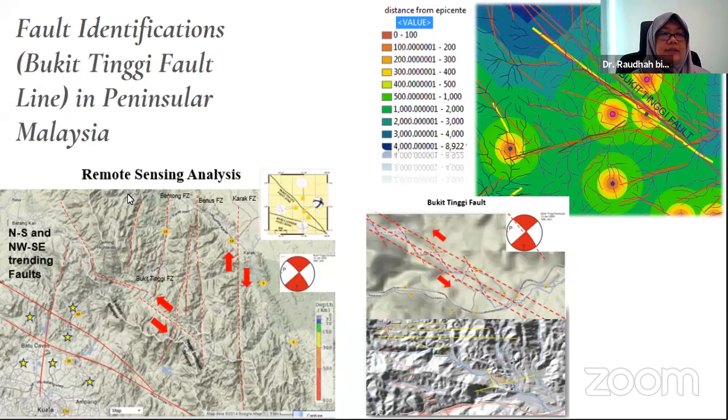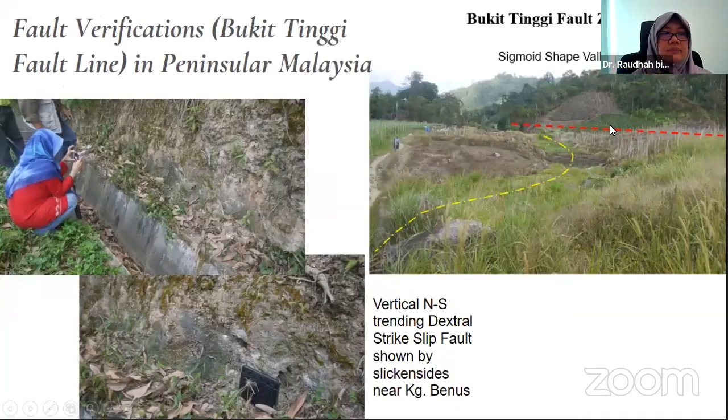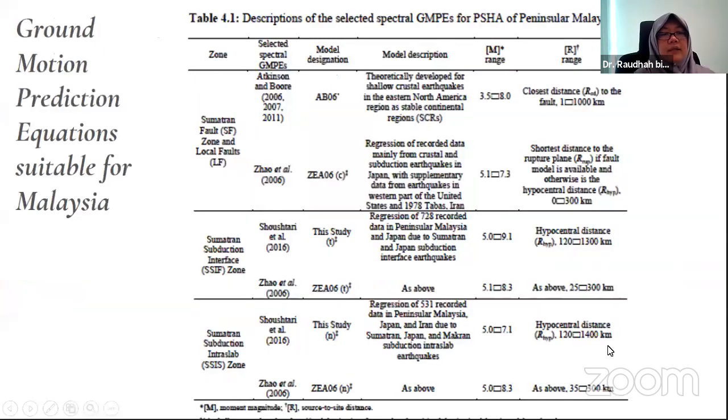So we are doing some remote sensing analysis to find all the information on the fault lines, how active the fault line movement is, and what active earthquake events are happening around. Another work that can be done is fault verification. This is also another activity to see whether the faults are truly in that region. So this is on-site activity.